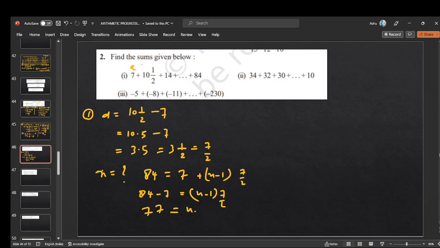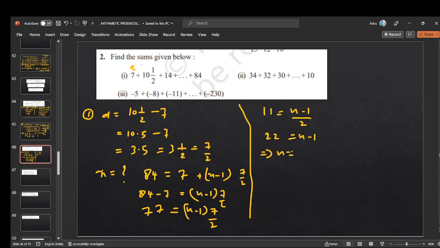Now here n minus 1 into 7 by 2. Then 7 will be cancelled out. Here we will get 11, n minus 1 by 2, then 22 equals n minus 1, then we will get n as 23. That will be the answer.